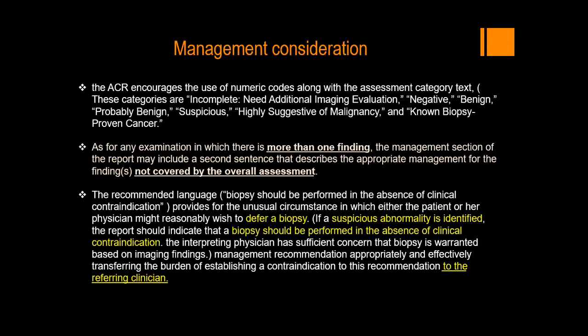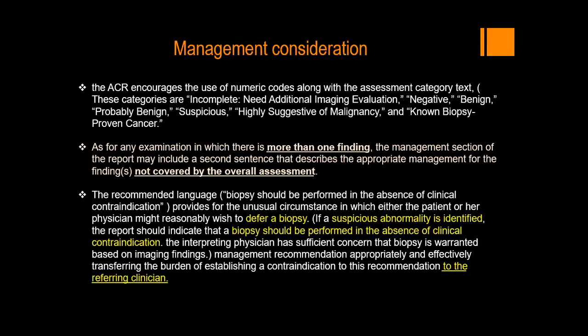Also, in the management considerations, they encourage using the numeric codes along with the assessment category text. As in many examinations, more than one finding can be present. The management section report may include a second sentence.